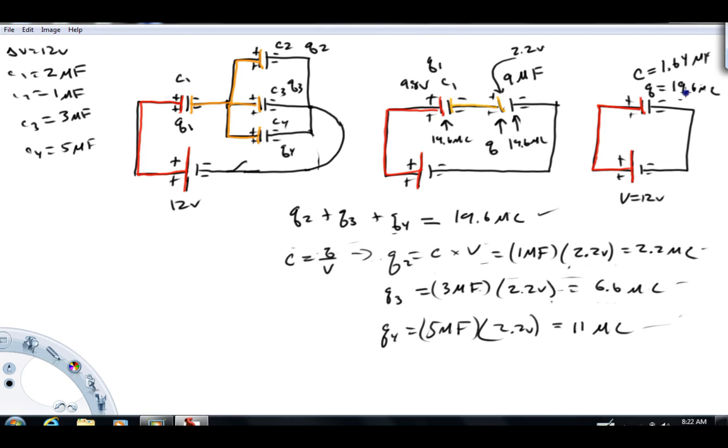Once you get it down to one capacitor, you just write out the definition of capacitance, charge over voltage. You should be able to calculate something. The important thing now is being able to backtrack through your pictures. And a really important fundamental is this: in this circuit right here, if 1 coulomb moves across that point, 1 has to move across here, here, and here.